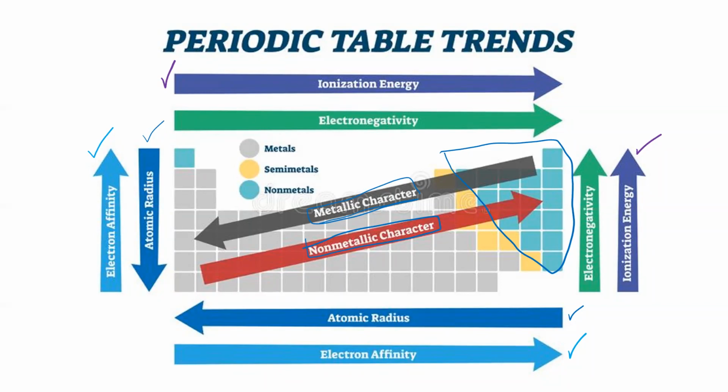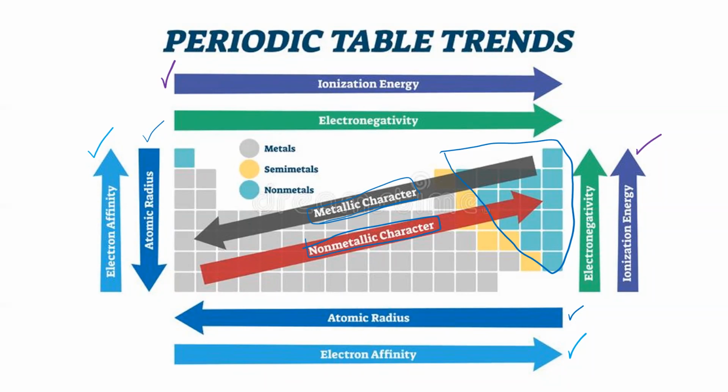That's another trend we talked about before, because we just know where to identify metals versus non-metals in the periodic table. And when we think about metallic character, remember this is things like being shiny and conductive. So metals will be more shiny, more conductive, more ductile, that kind of thing, whereas non-metals will be less so.